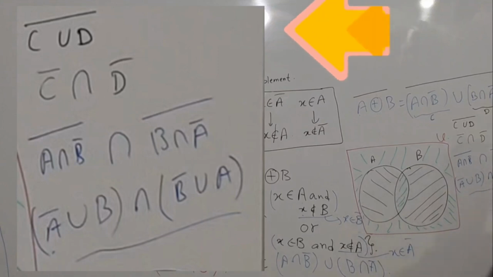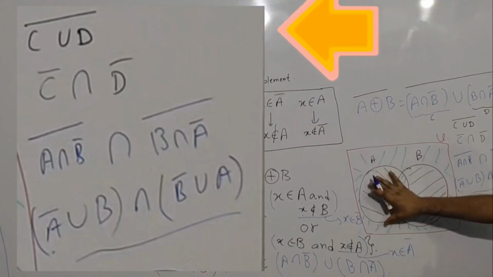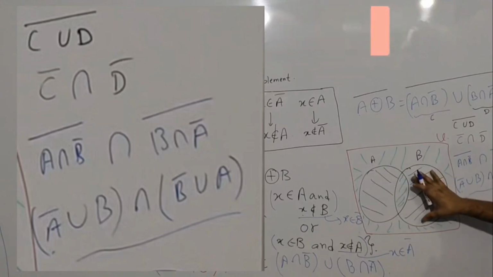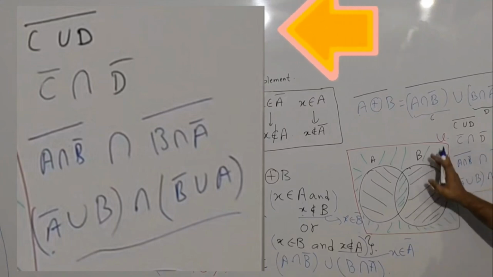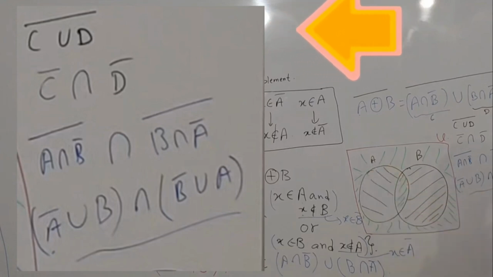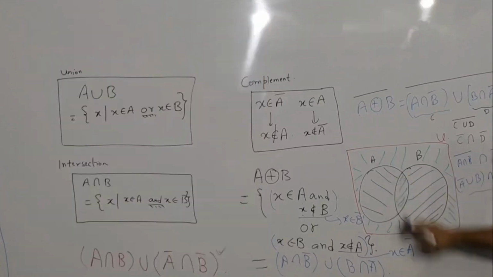Let's see that A complement will include everything apart from A, but it will also include B, and B complement will include everything apart from B, and it will also include A. Okay, but then you are performing intersection, so this will include only this region.